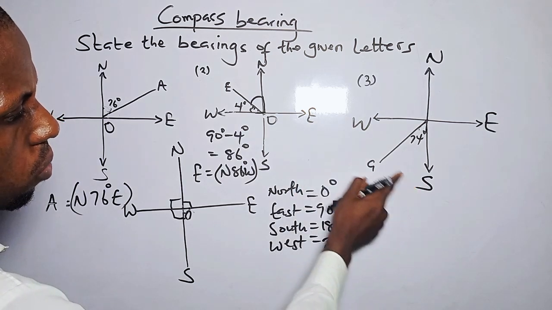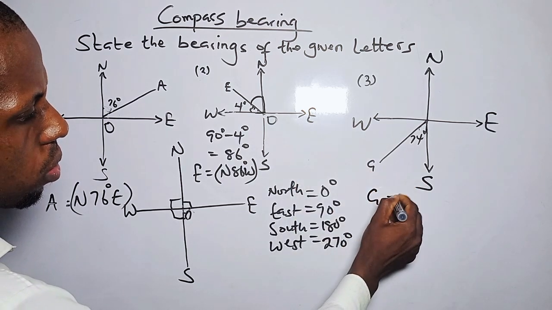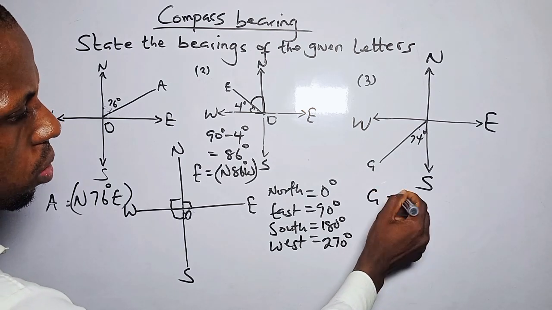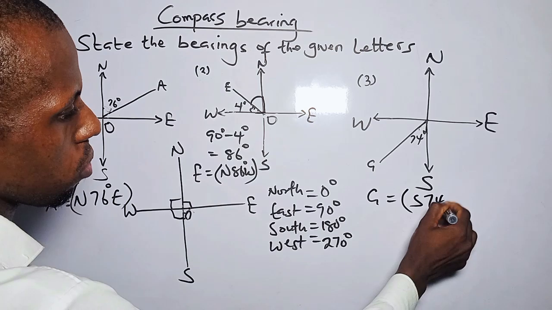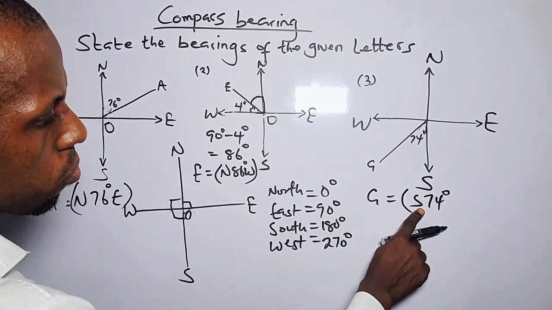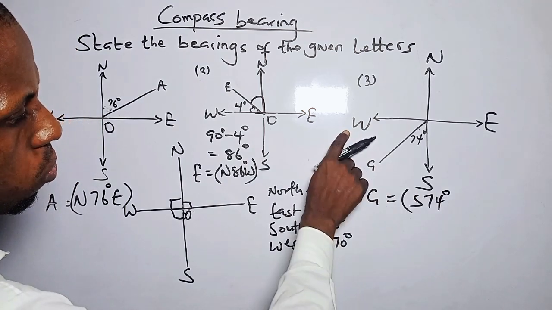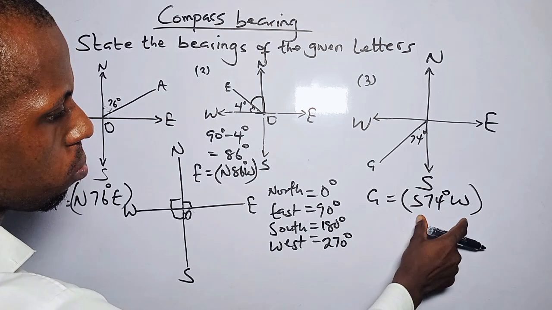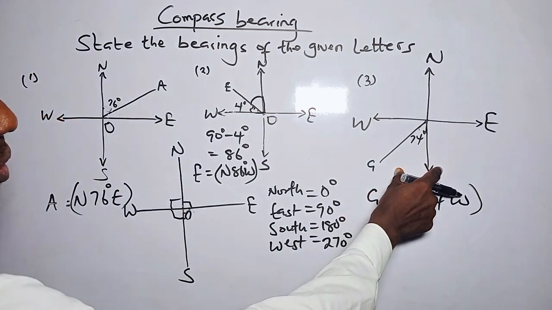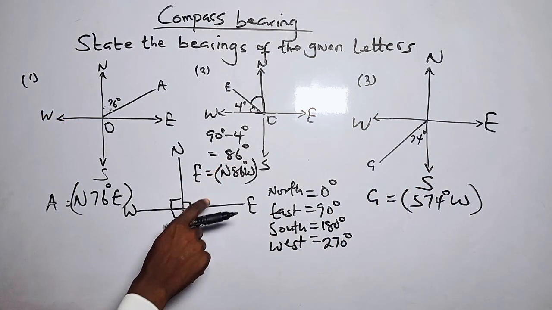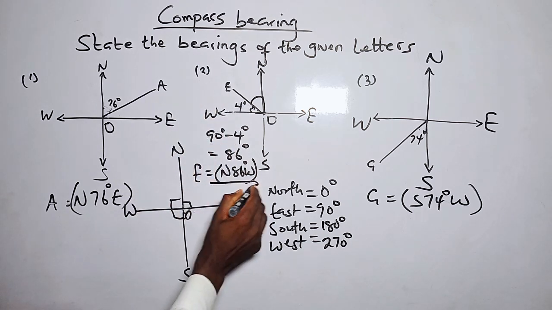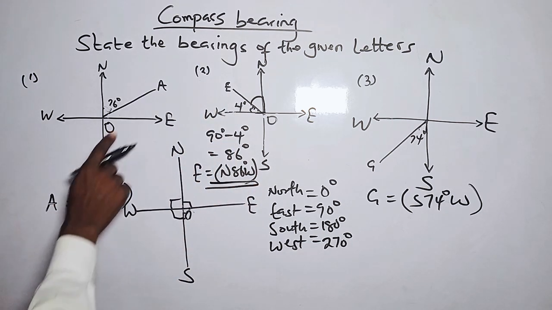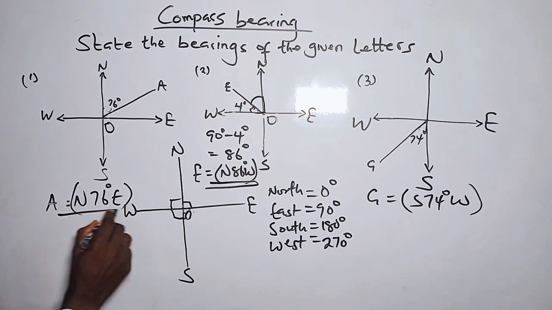So G is south 74 degrees, going from south towards west. This is the bearing of G on this cardinal point. The bearing of E on this cardinal point is this, while the bearing of A on this cardinal point is this.